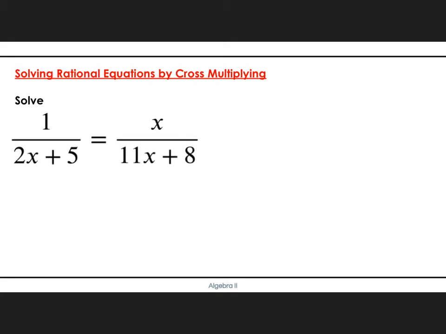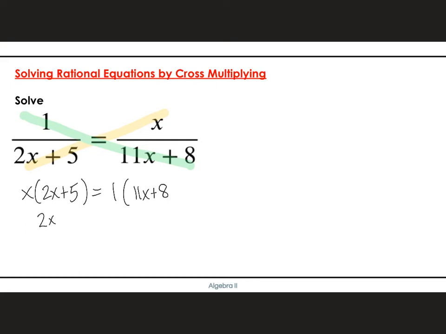So I'm going to multiply x times 2x plus 5, and I'm going to multiply 1 times 11x plus 8. And again, it doesn't matter which one you put first. It's just really your preference of what you want on one side of the equal sign versus the other. So we're going to do x times 2x plus 5 is equal to 1 times 11x plus 8.